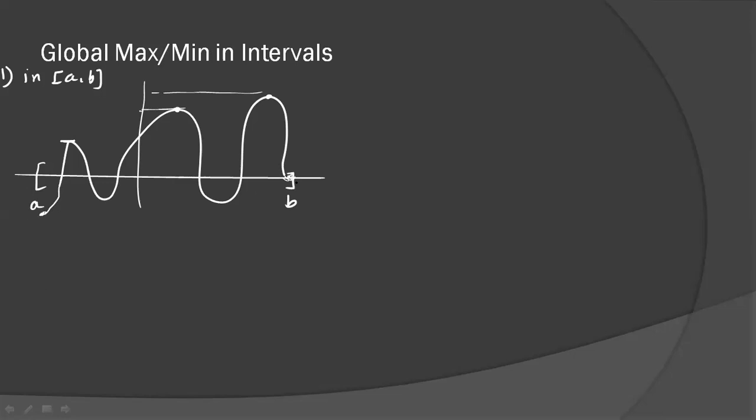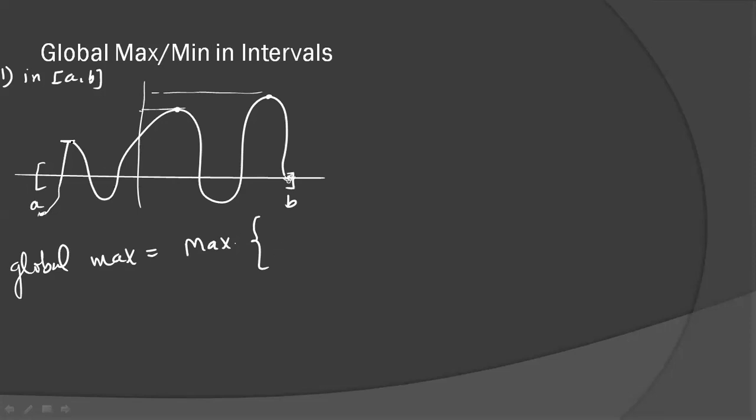We don't know whether a and b are critical points or not. In that case, the global maximum is given as the max of all local maxima.